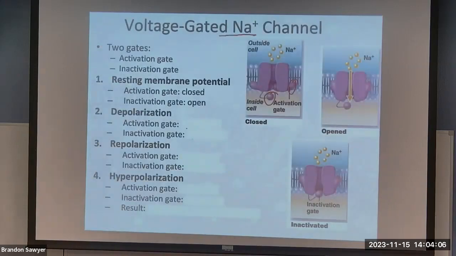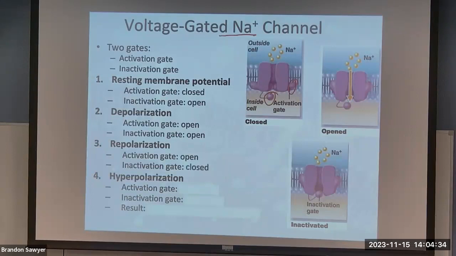Depolarization: in order for sodium to get through, they both got to be open, right? So the change going from the resting state to the activated state is just the opening of the activation gate. The inactivation gate was already open. During repolarization, the activation gate is still open, but what's blocking the sodium now?